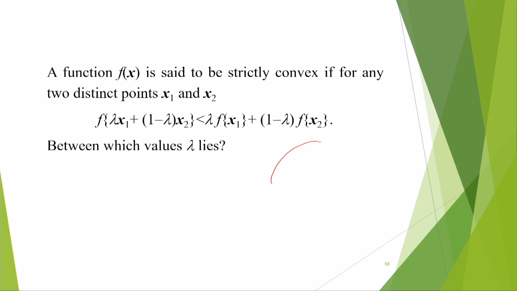If I have to illustrate this graphically, I have one point x1 here and another point x2 here, and then I can join them with a line. All the points on that particular line must lie in the set.